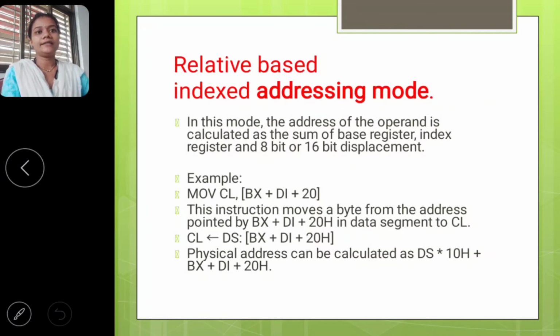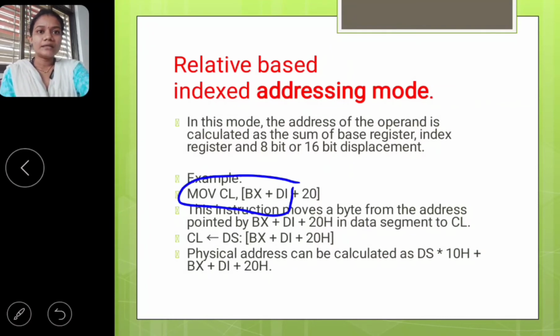In the previous base index addressing mode there was no displacement, and in this addressing mode a displacement is also added. So the physical address is calculated by DS times 10H plus the base register, plus the index register, plus the displacement.